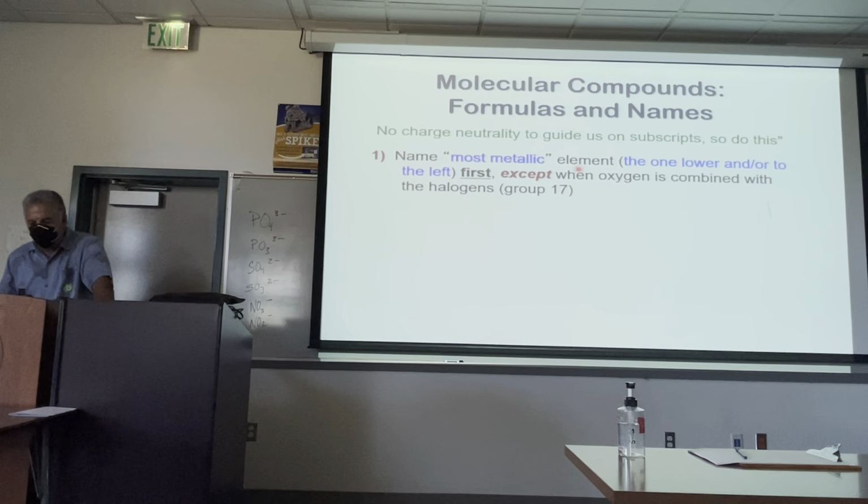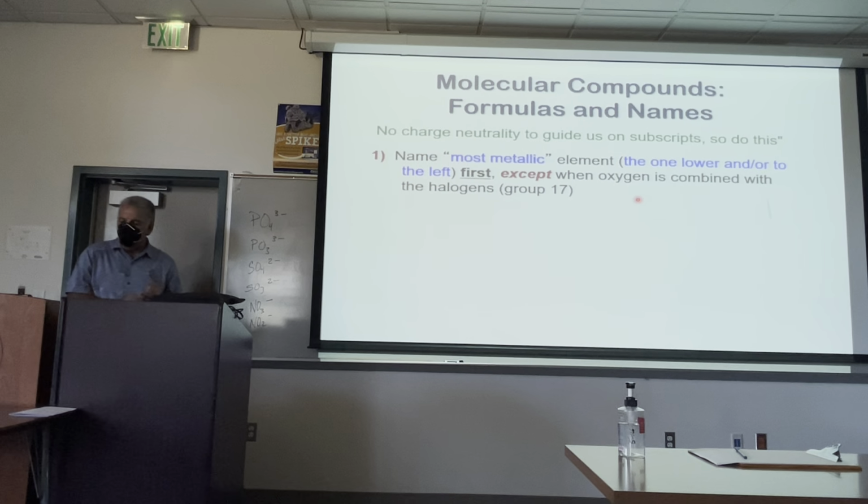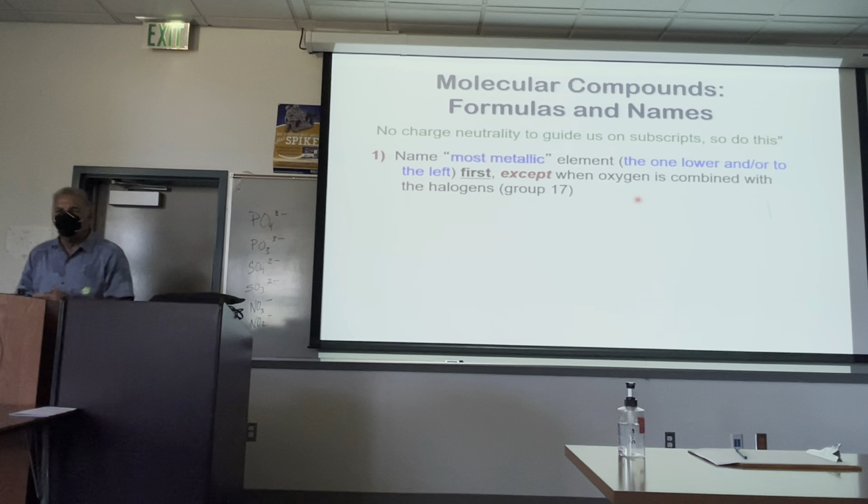Name the most metallic element first, the one lower and/or to the left, okay? So we have degrees of metallic ability. The one lower and/or to the left is first, except when oxygen is combined with the halogens.